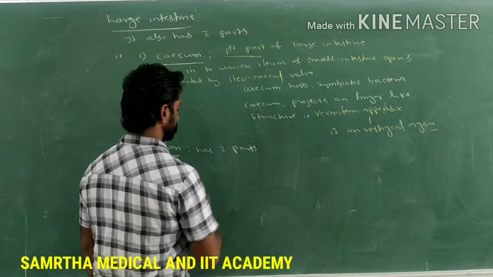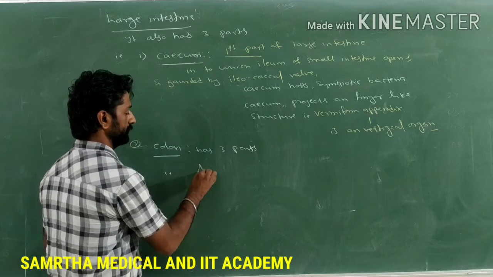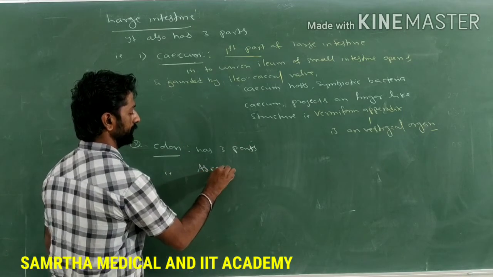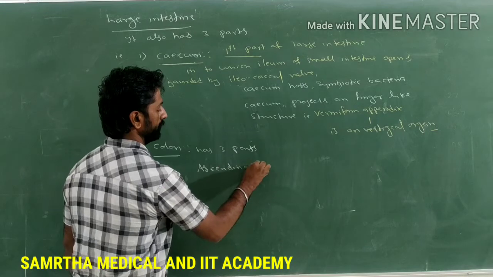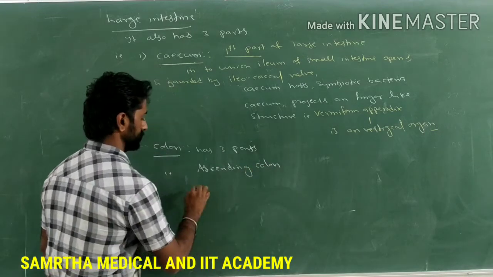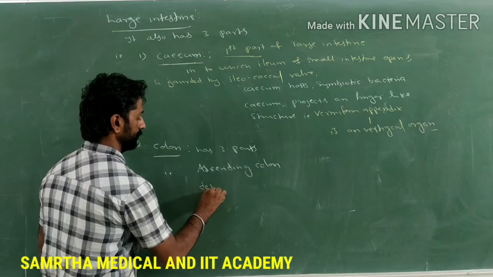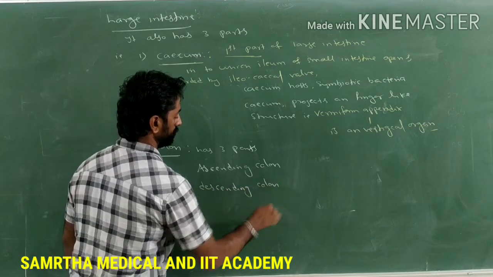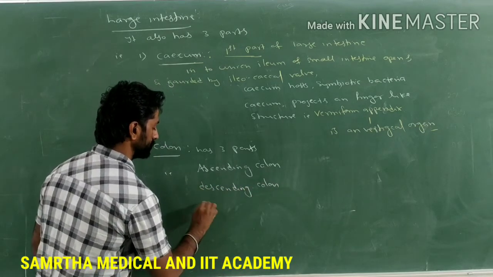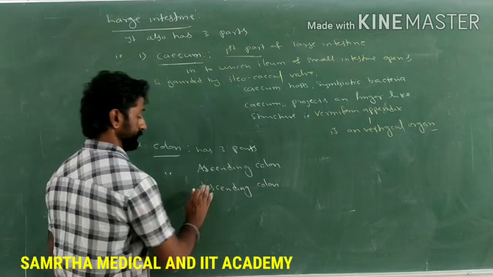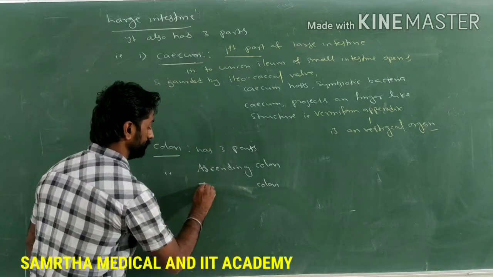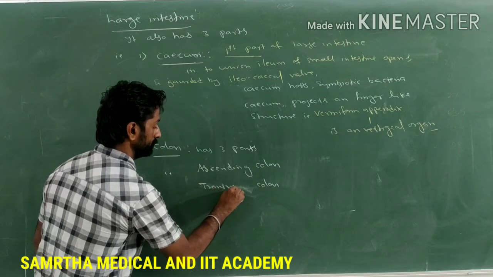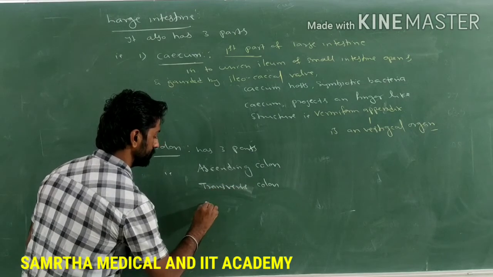The first one is the ascending colon, the second one is the transverse colon, and the third one is the descending colon.